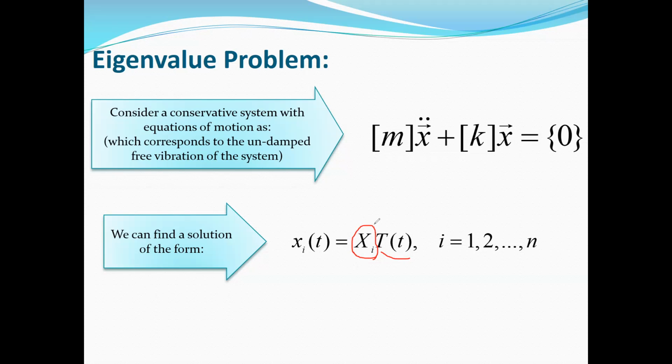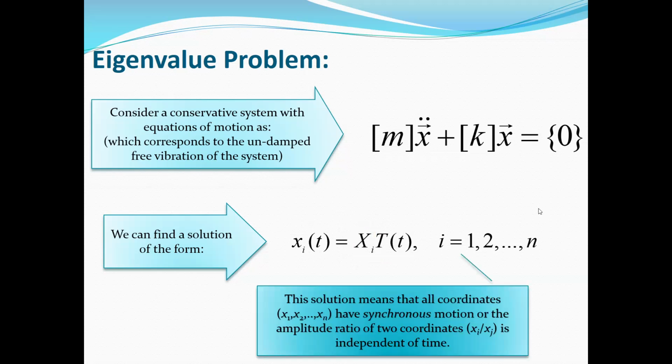So we need to obtain the relation between the amplitudes for different responses x1 to xn, which we call the mode shapes. And similar to the 2 degree of freedom systems, we first need to obtain the natural frequencies, and then we will find the corresponding mode shape for each frequency.